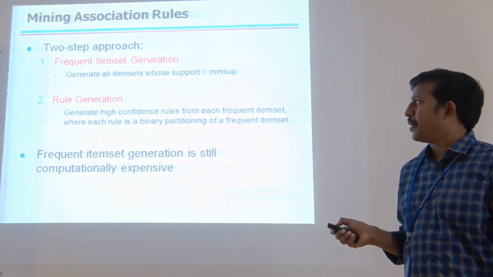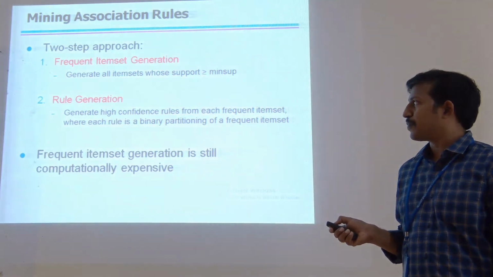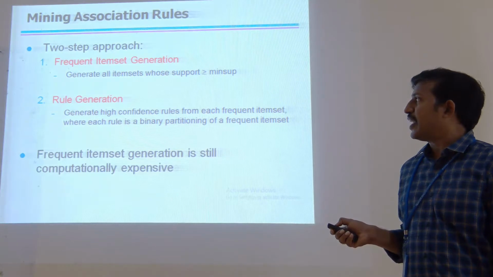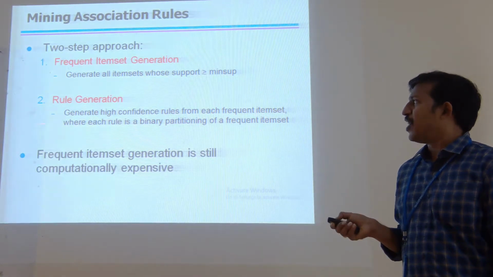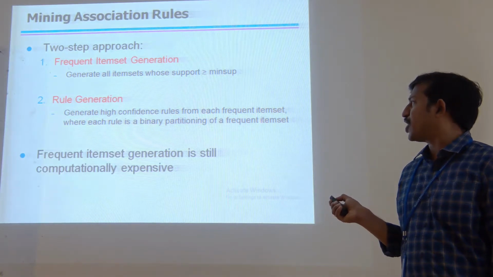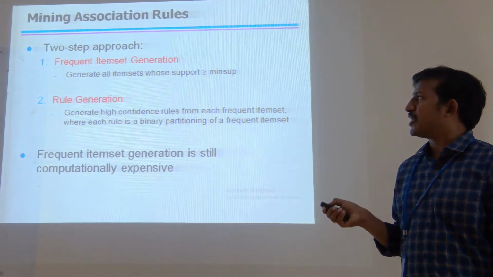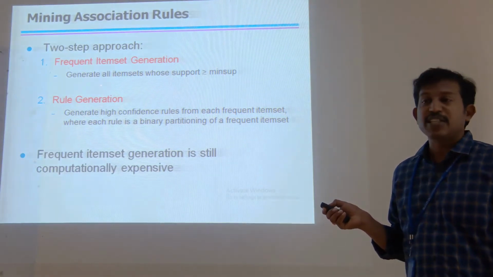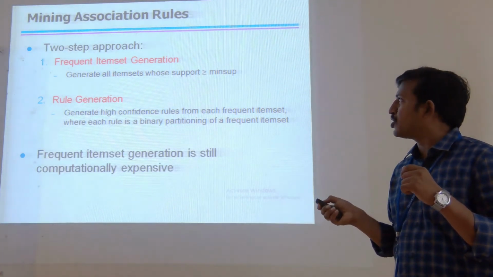In the second step, we generate association rules, where we need to generate high confidence rules from each frequent item set, where each rule is a binary partitioning of a frequent item set. For example, what we discussed in the previous slide is that we decouple the support and confidence. In the first step we use support: we compute the support, and based on that we can find the frequent item sets.